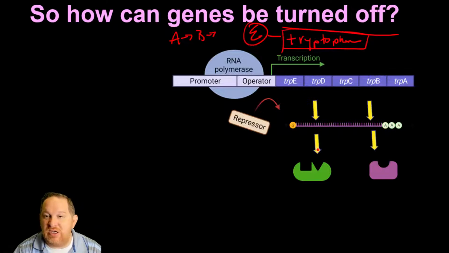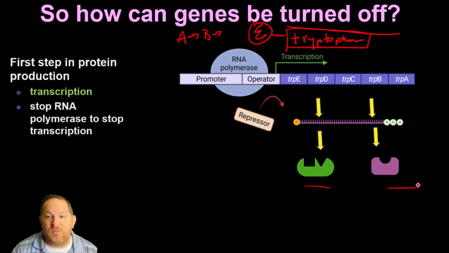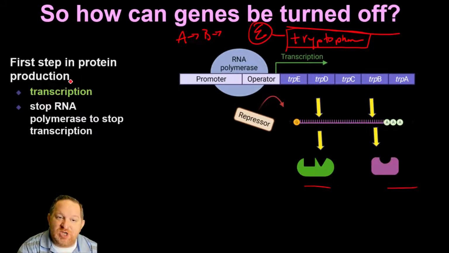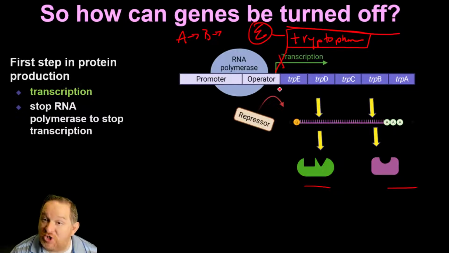And what you see here is an example of tryptophan, all the genes that are going to code for the enzymes to make tryptophan. All right, so first step in protein production is transcription. So if we stop this transcription, we've turned the gene off.